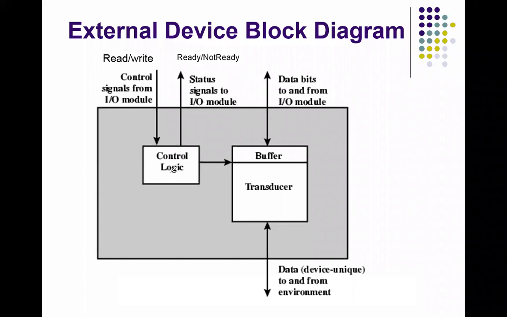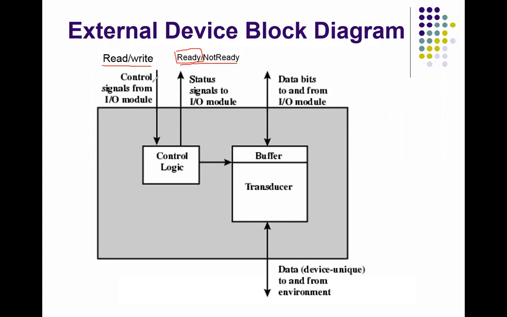Obviously, the control logic is required because we have to check whether the peripheral is ready or not ready. From here, he will get the status signal, like he is now ready to accept the data. Then the control signal is for read or write.